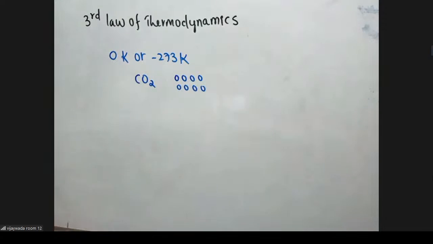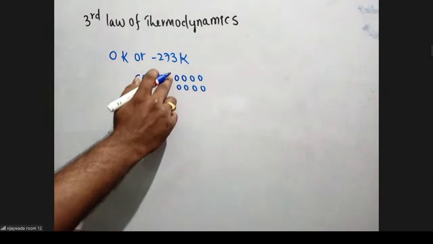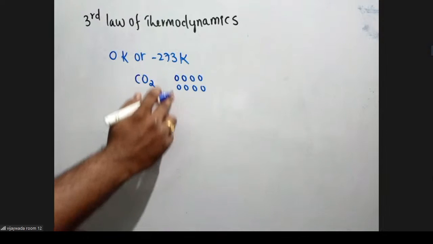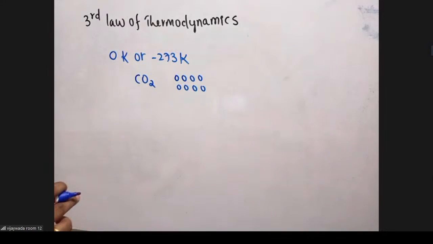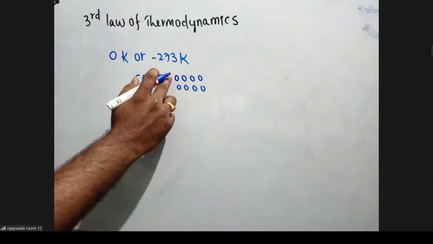At this temperature, there is no atomic motion, no molecular motion, no disorder in arrangement.